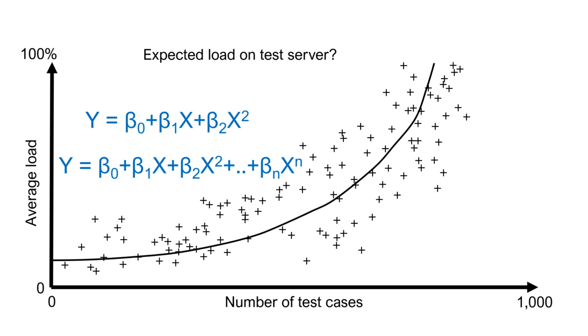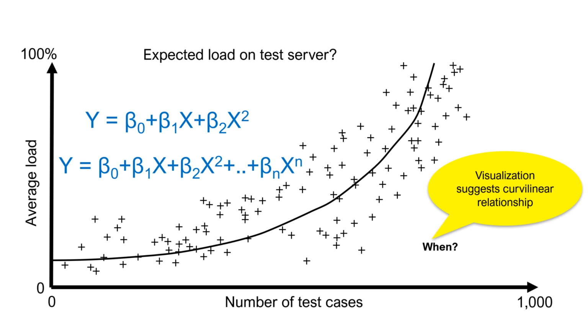Rarely we can motivate such high level polynomials. But my recommendation for when to try and use polynomial regression would be to visualize your data, plot it, and if you see something that indicates that you have a curvilinear relationship, yes, then go on and try to fit this model.